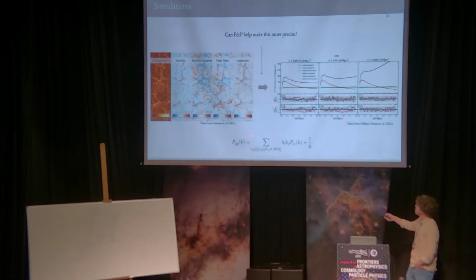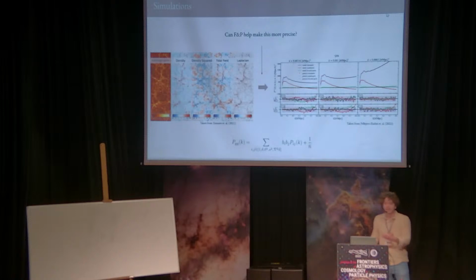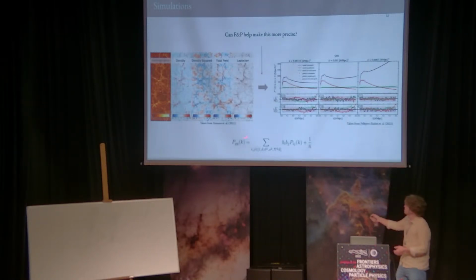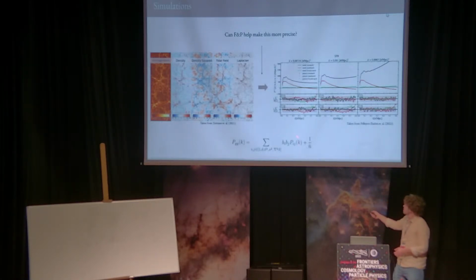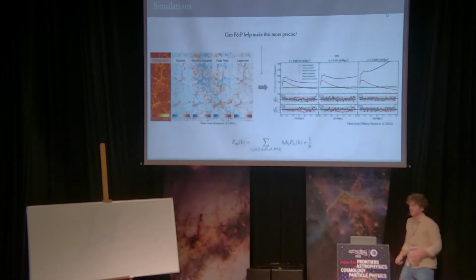The idea is that we have these dark matter only simulations, and we can express the galaxies as biased tracers of the dark matter density field. This means that the galaxy power spectrum can be written as a linear combination of these bias parameters here, which we fit to any population of biased tracers we want to describe, multiplied by these auto and cross power spectra of all of these fields here, computed from our dark matter only simulations.